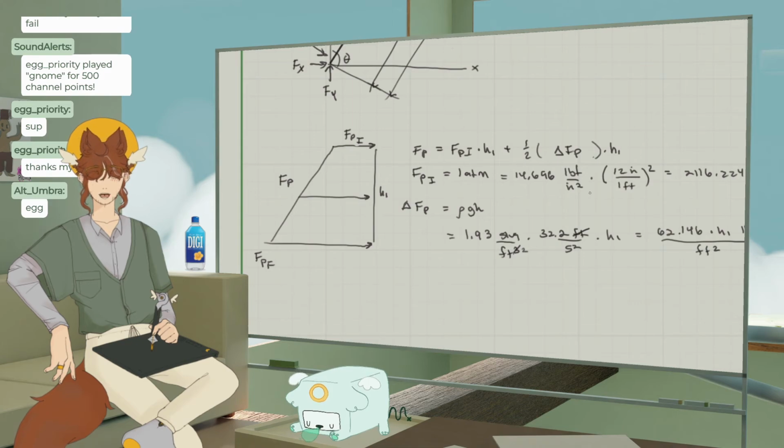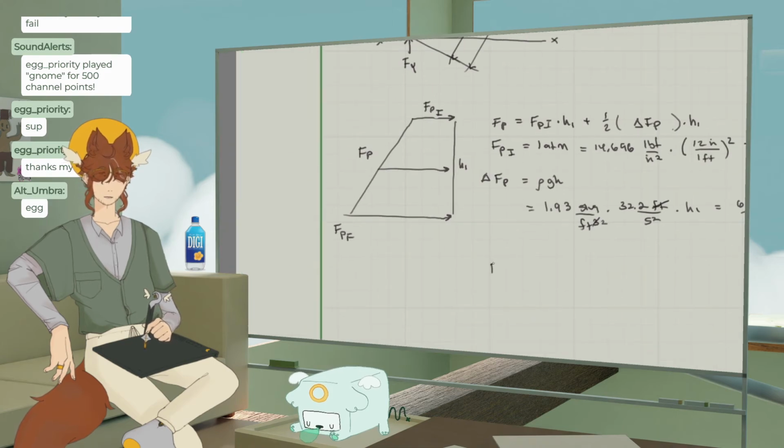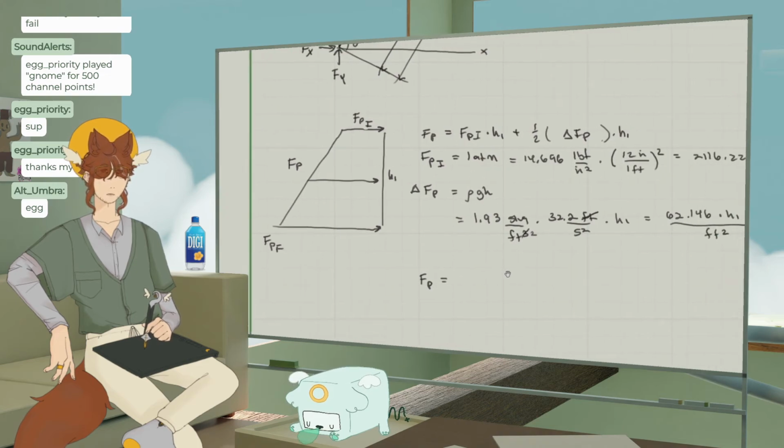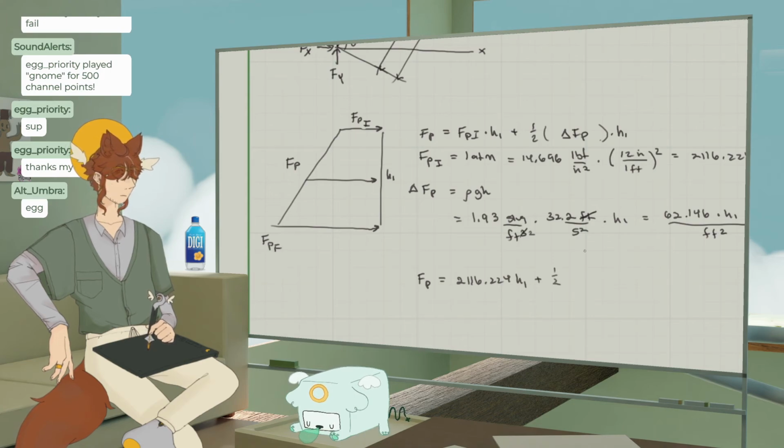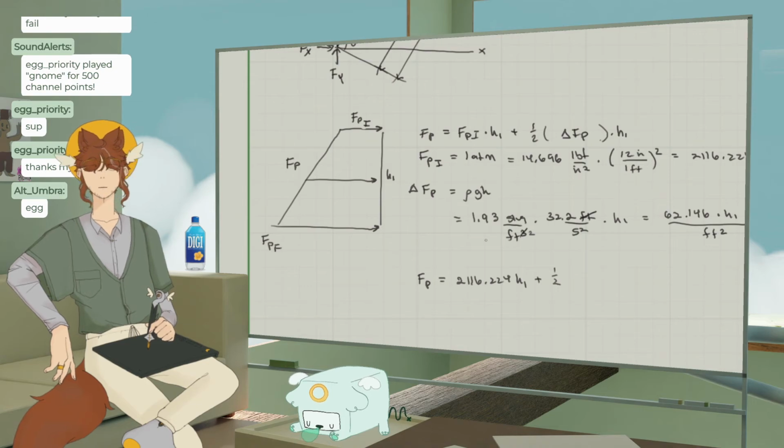What do I do? I forgot. Okay, we find FP, and we'll dimension it later, I guess. That's like so many sig figs that I don't need, but that's fine. One half, okay, wait, let me think about this. I'll do it out, I don't want to give too many steps. Times 62.1.